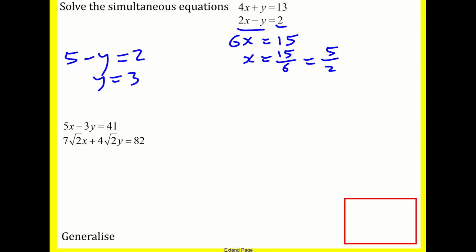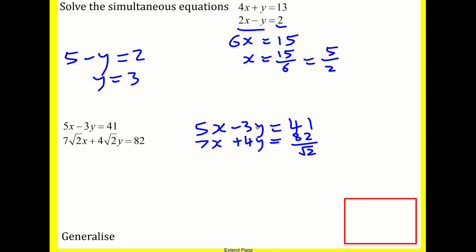Let's divide through by root 2. So I'm going to have 5x minus 3y equals 41. Not going to change that one. And then I'm going to be left with 7x plus 4y equals 82 over root 2. I basically made it so the left-hand side's a lot nicer. Okay, yes, the right-hand side is a third.